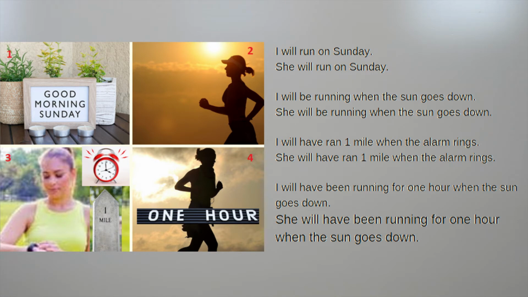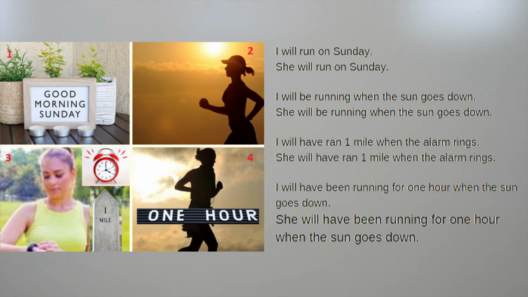In the fourth picture, using the verb run, in the future perfect, your sentence would say, I will have ran 1 mile when the alarm rings. Or, she will have ran 1 mile when the alarm rings.